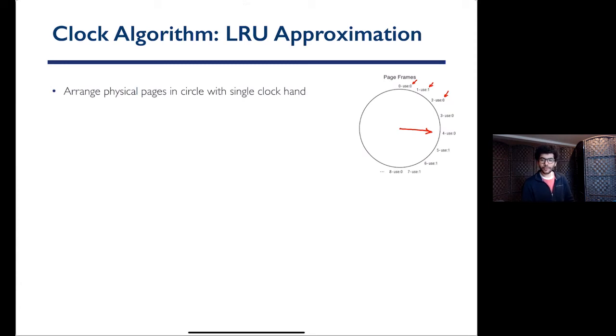Now, I want to remind everyone of how this bit was set. If you remember, we had the TLB, and then we had the page table. The hardware would first go to the TLB.